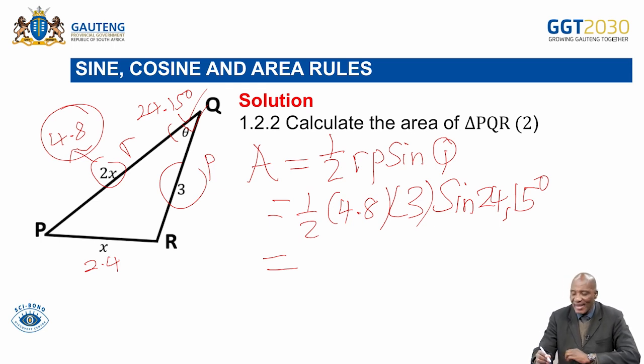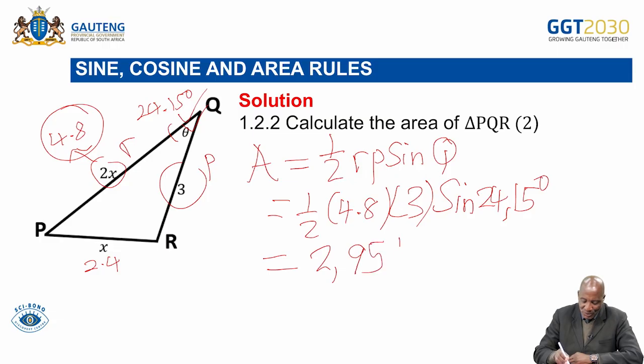You'll know your area. Let's punch it out and give me the answer. Half of 4.8 multiplied by 3, then times sine of 24.15 degrees. Yes, I'm getting 2.95 units squared, or square units.